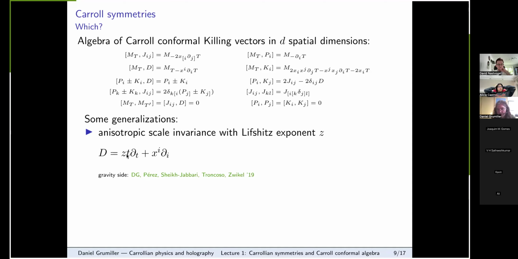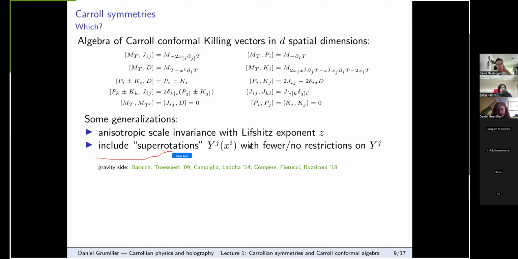It's a straightforward generalization to just allow z not equal to 1. There are applications where this can be very useful. I quote here some gravitational context where this generalization turned out to be useful. There's a corresponding generalization of the BMS algebra, with an arbitrary parameter that you can inject into the BMS algebra, and that can be algebraically and physically useful.